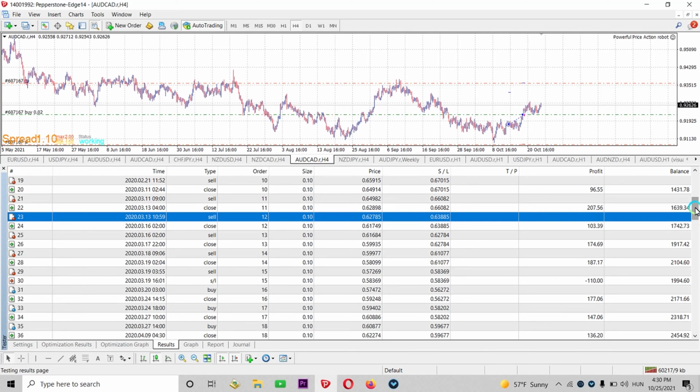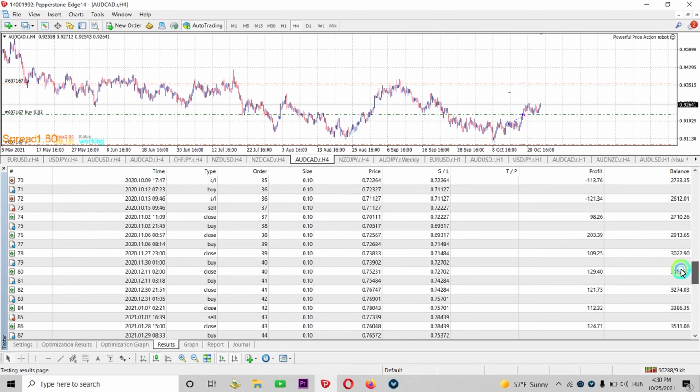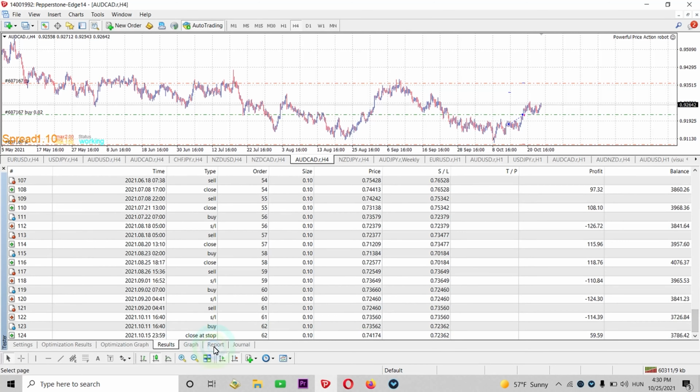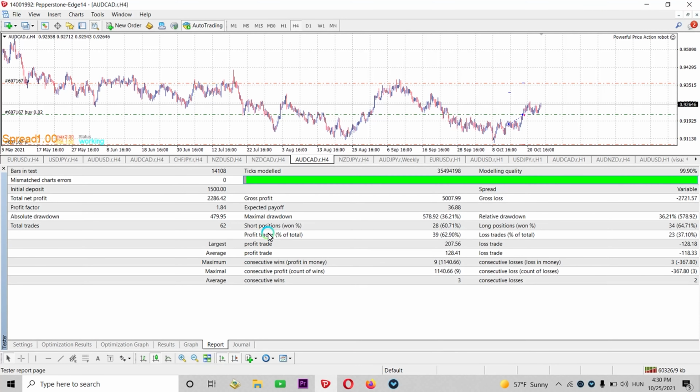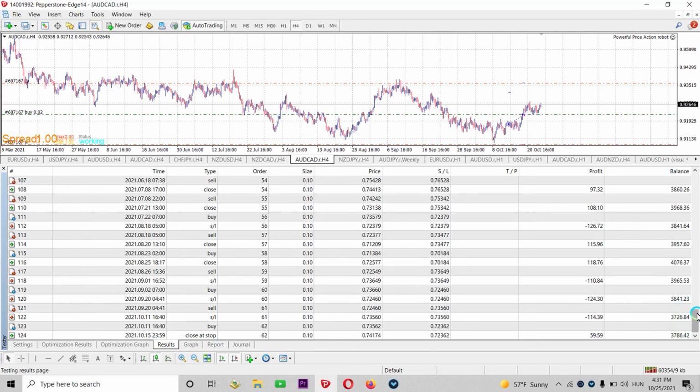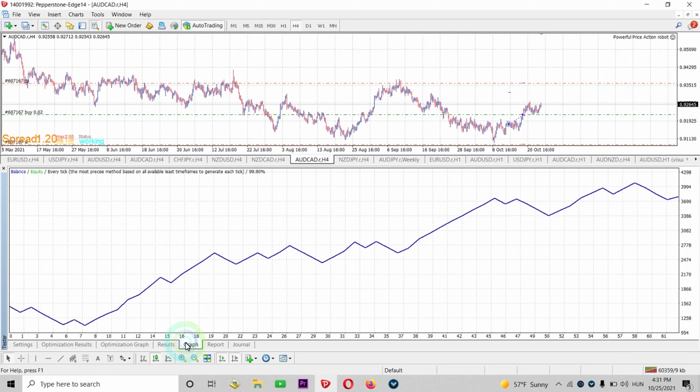So I won't panic when I have a 4 losing streak, because I know that I can actually lose one more time, and after that the market will bounce back and will go in my favor again. And this is actually how it works. You should know your strategy, and then you will be, I would say, fearless, but you will actually have an understanding and you will be so much better at trading.